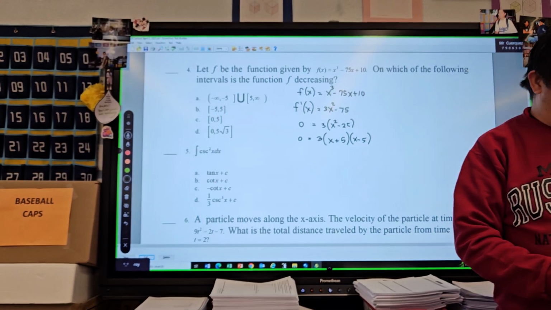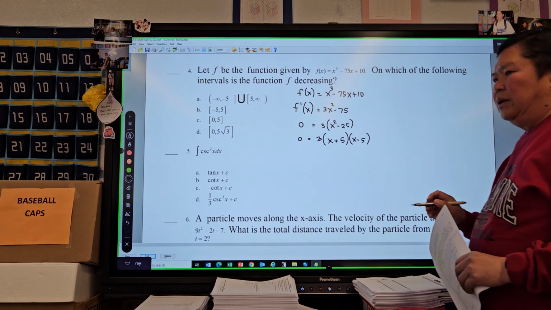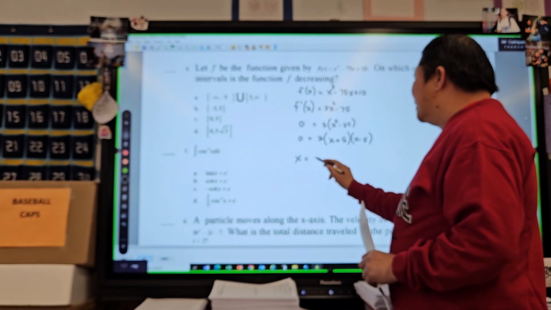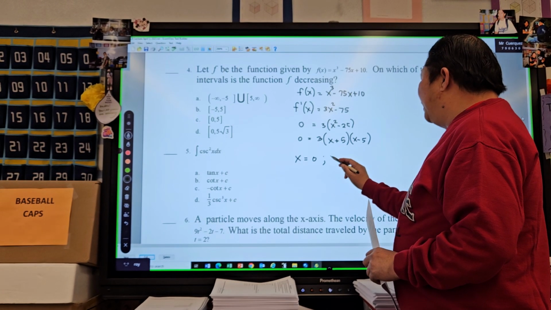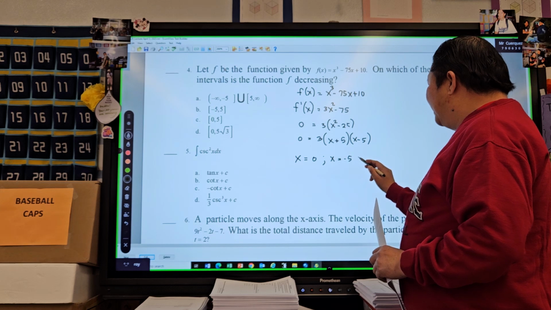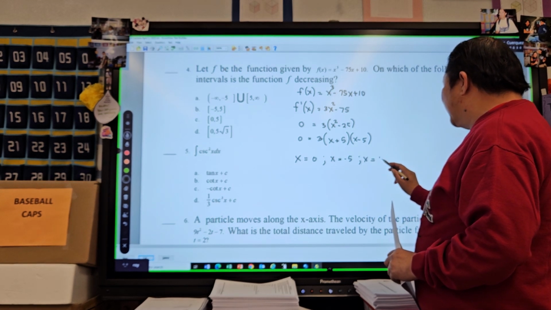Okay, so we have two values right here. The one is x is equal to negative 5, and we also have x is equal to positive 5.